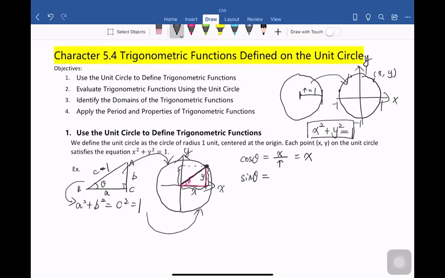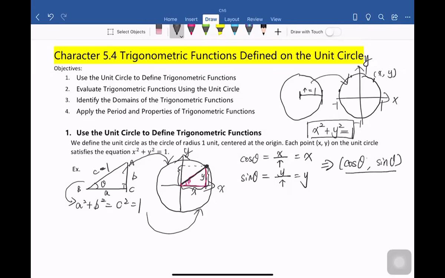Sine theta equals opposite over hypotenuse, which is y over r. r is 1, so this is y. That means the point x, y can be represented by cosine and sine: the x value can be written as cosine theta, and the y value as sine theta.